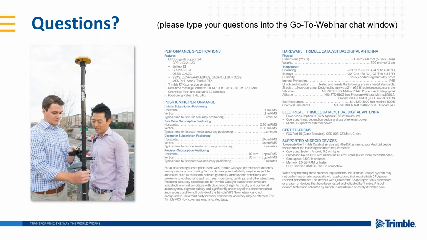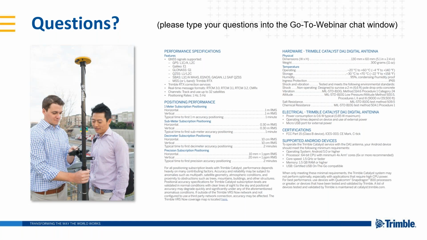Here's one of the more common questions: is it compatible with an iPhone, with iOS? The answer is no. It is providing the positioning capabilities to Android devices only. So there's a question: what's the accuracy of the Catalyst antenna?